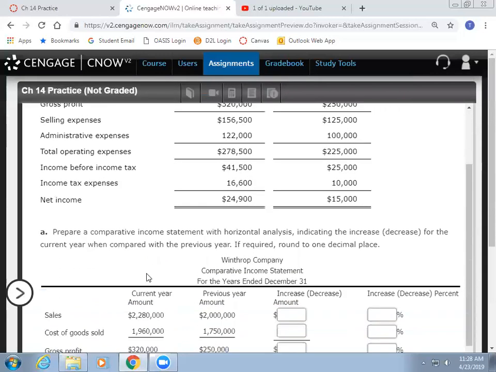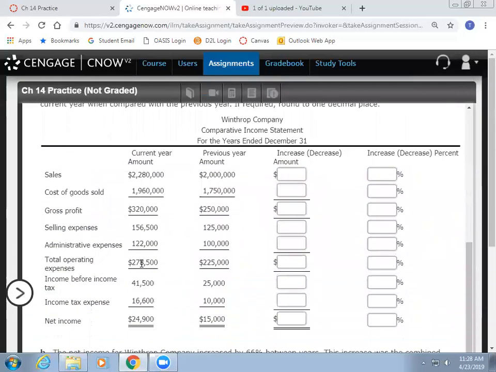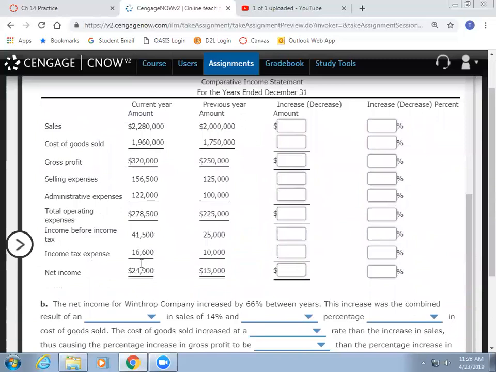So we still have those comparative income statements. Well, when you scroll down, when you're doing horizontal analysis, you're going across now, and what we're going to do is figure out how much it increased or decreased from last year to this year. And then we're going to show that as a percent change. Okay. Well, sales, did it increase or decrease? It increased.